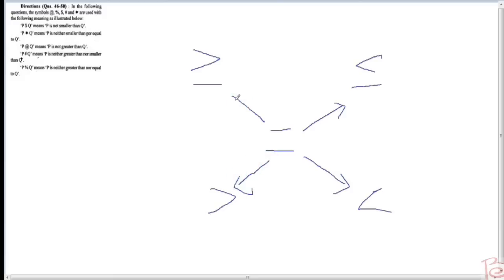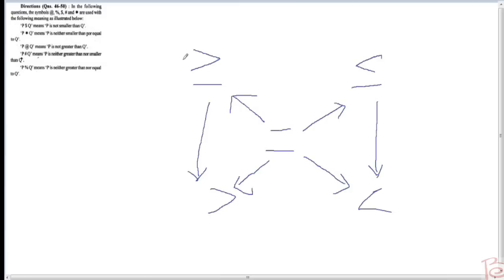Draw the way which I am drawing exactly. Please don't change the manner in which the diagram is drawn. Whenever you get this question, this is what you have to draw in the rough sheet.